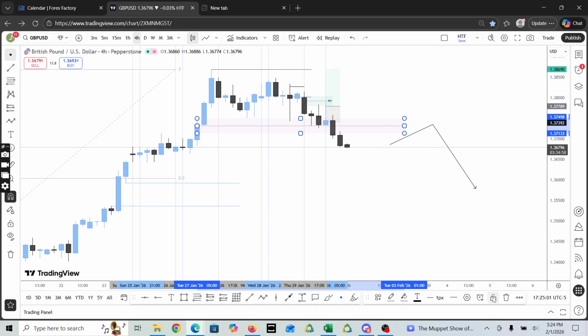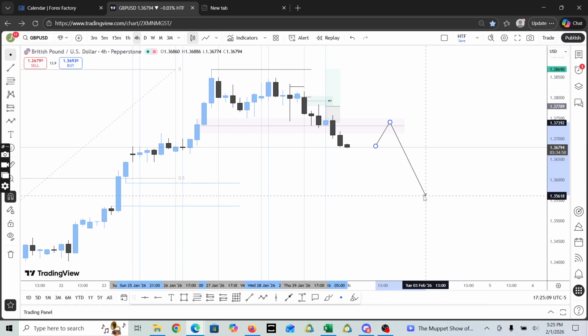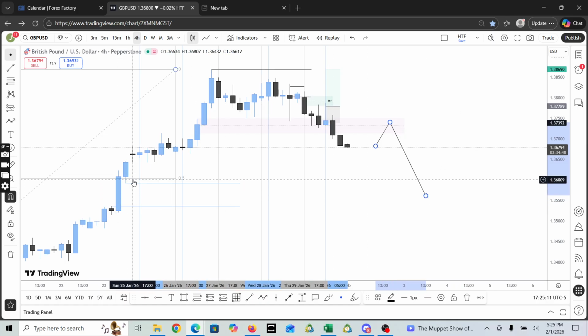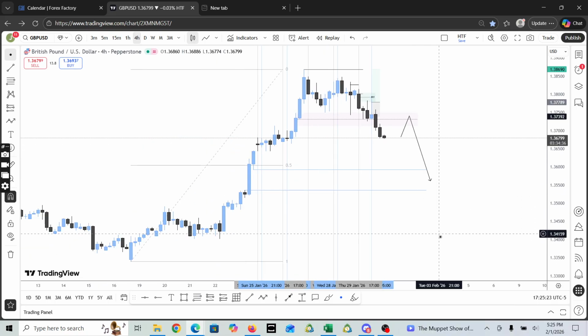Once price trades to the inversion level, watch for the price action to trade lower into the mid portion of the range. See, we have a very nice one here on the H4 as well, just below the mid portion of the range we outlined, right? So that's it for the day, that's it for the night, that's it for the week.